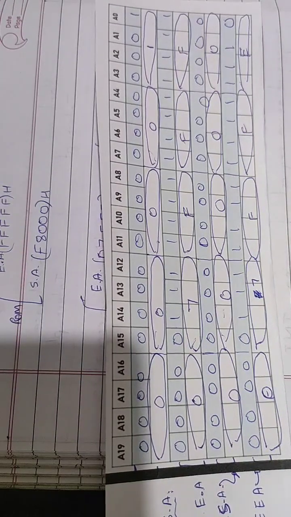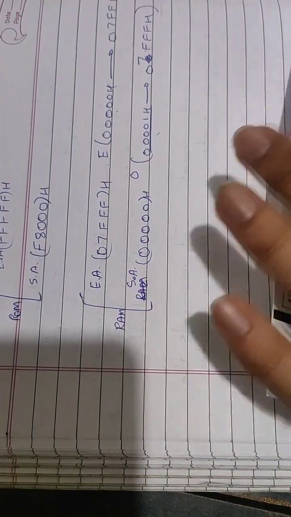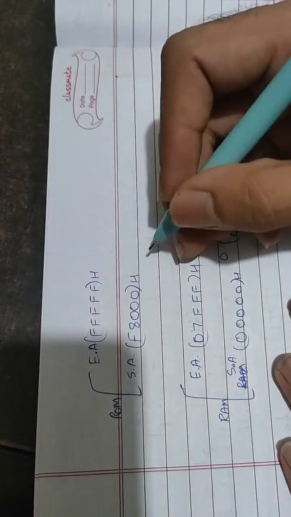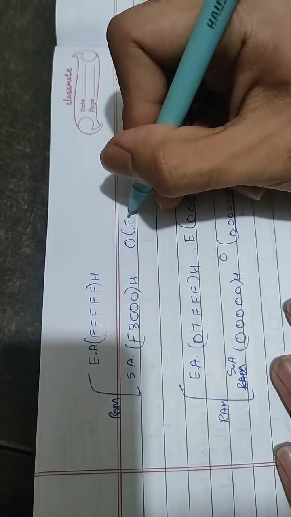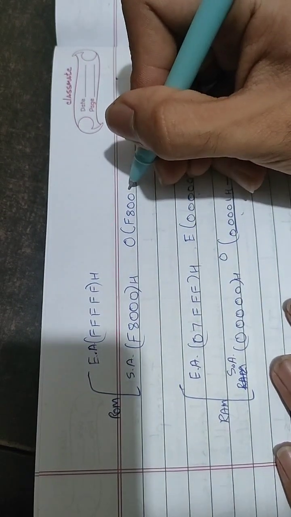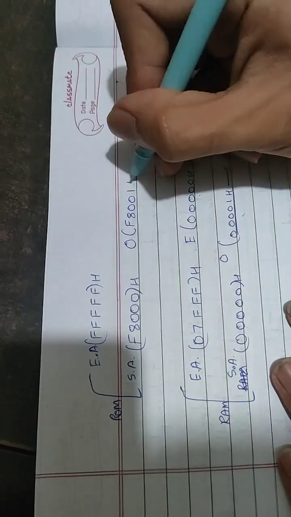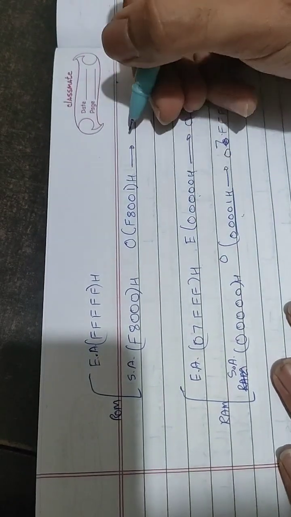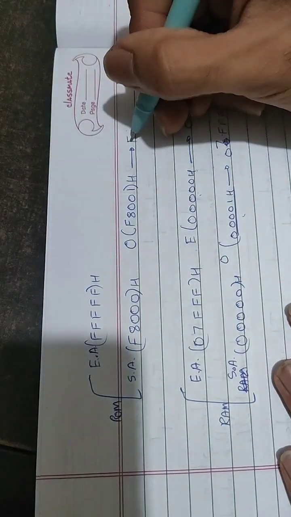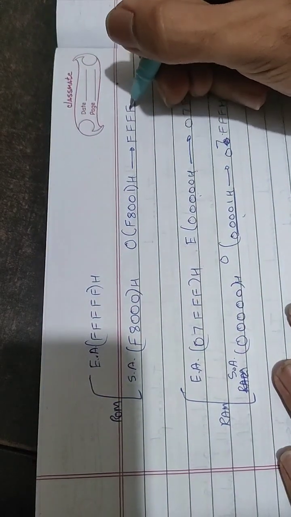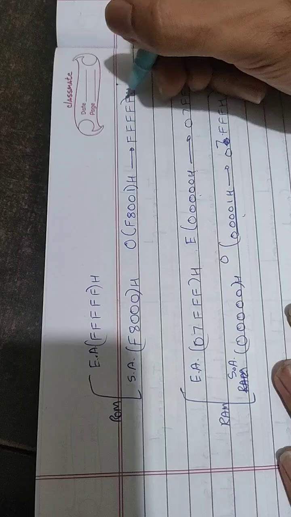And now let's have a look at our mapping for our ROM. For our ROM, if you see, for the odd bank, our address should start from F8001H and will go till the last address, because that is odd, no? FFFFFH.